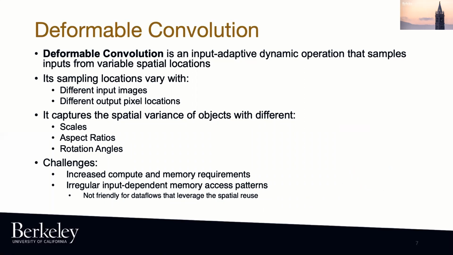It also introduced an irregular input-dependent memory access pattern, which makes it hard to reuse input with the common output stationary and row stationary data flow designs. So in this work, we're trying to perform step-by-step algorithm hardware co-design at the operation level as well as at the network level to design Pareto optimal solutions with the operation for object detection.